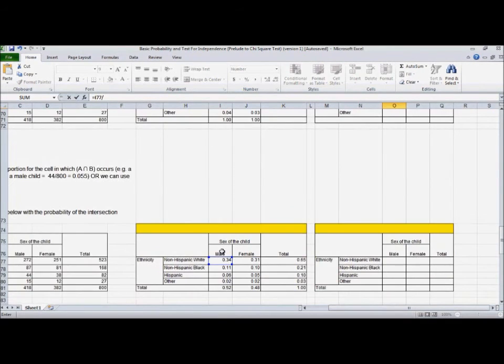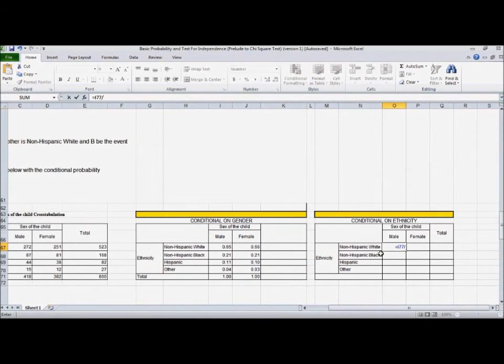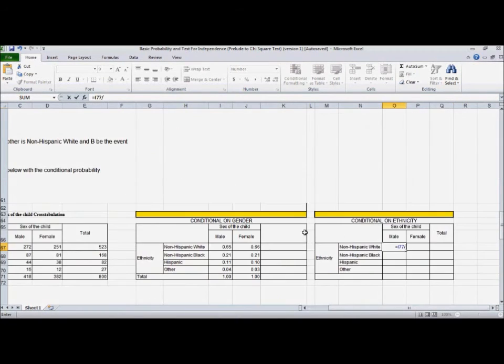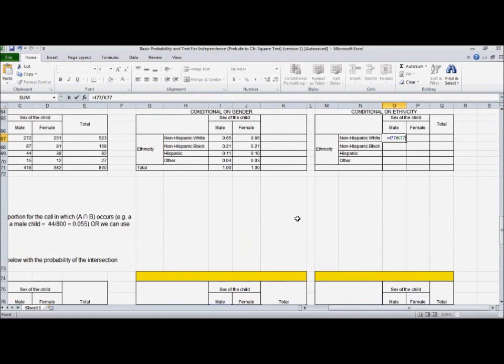Previously we were saying given male, so we were dividing by that column total, that marginal total. Now we're saying given non-Hispanic white, so we're only going to pay attention to the row for non-Hispanic white. So when we divide, we're going to divide by the probability of B being non-Hispanic white. So that would be this here. And we would get our probability.